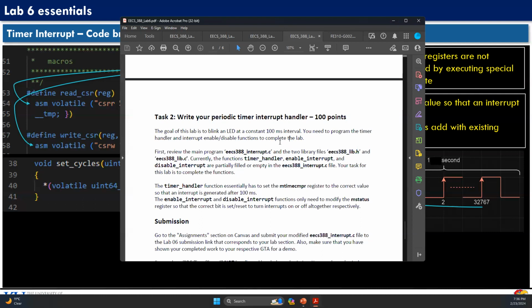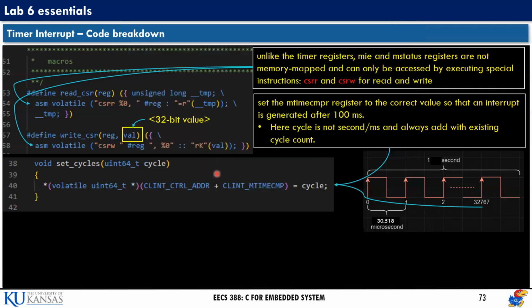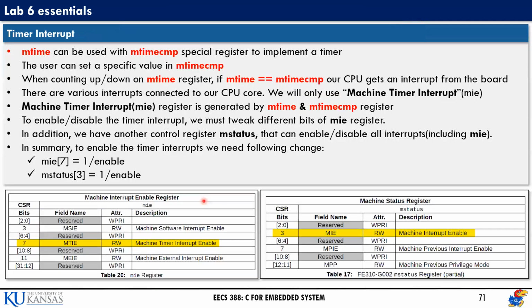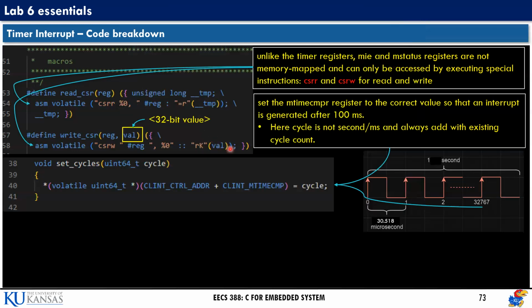As we are using a constant 100 millisecond delay, we want to compare our current register value with the mtimecmp register, so that it can generate a 100 millisecond interval, or a delay of 100 milliseconds.